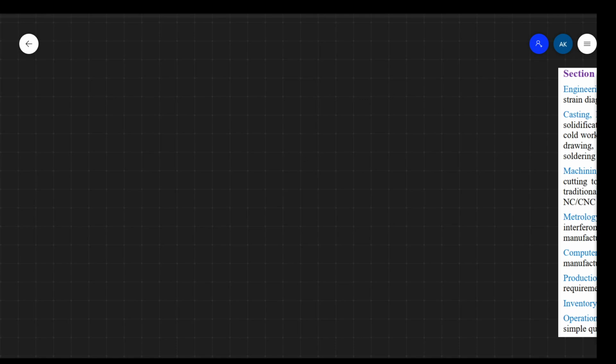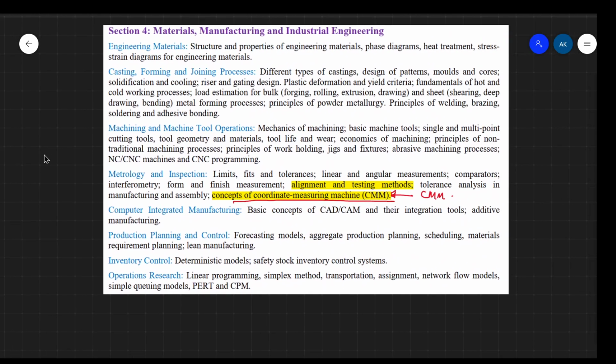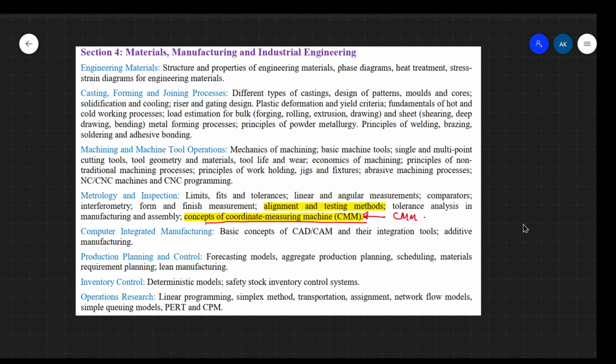So, today, what we will be talking about is a new part of your syllabus. There has been a new portion added, which is coordinate measuring machine. I will not definitely be able to finish it in one class, but at least I will try to start it now.